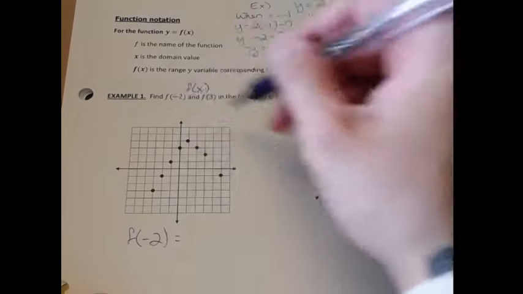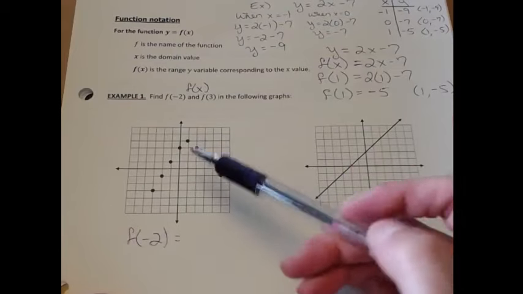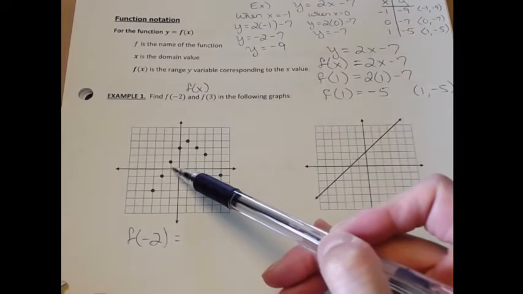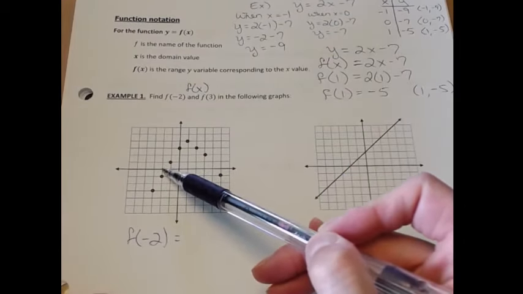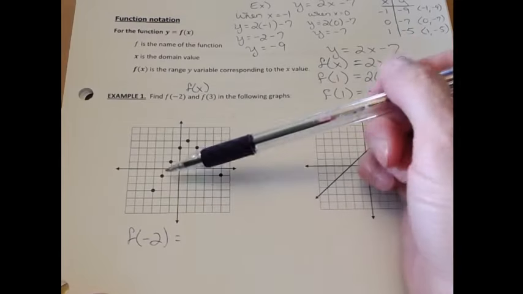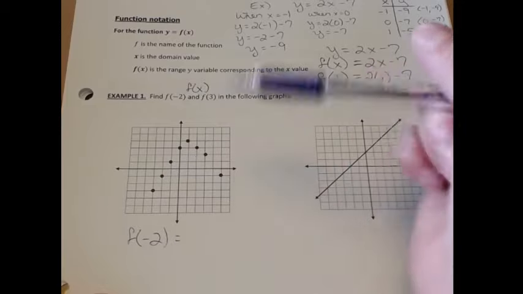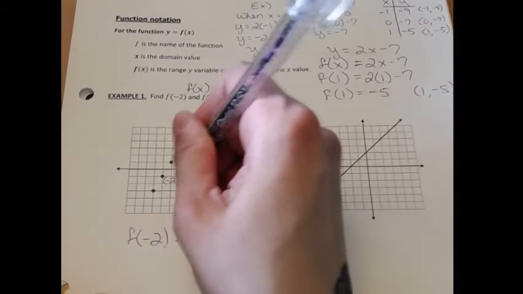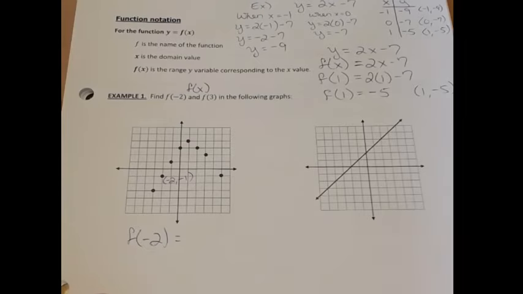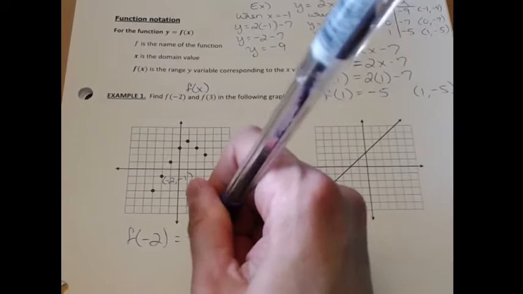So we go to our graph, and we go to where x is negative 2, and then we find a point corresponding to when x is negative 2, and it's right here. So this ordered pair is (-2, -1). What that means is the value of f of negative 2 is equal to negative 1.